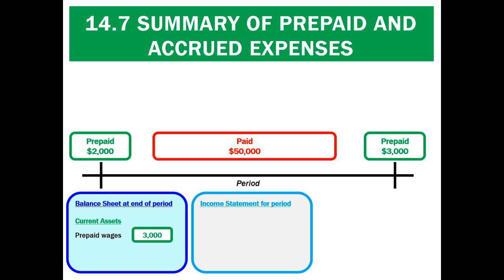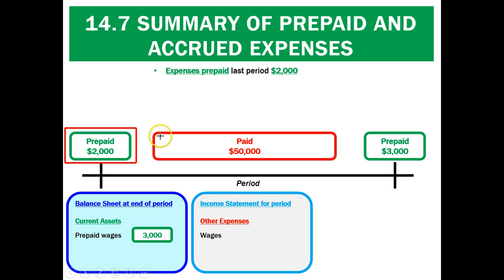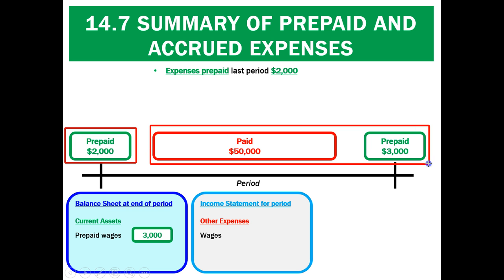The income statement, what we're looking for is the expense consumed this period. So under other expenses, last period we prepaid $2,000. So this has all been used up, so we know that's going to be part of the expense, at least $2,000. Now we also need to factor in, we did pay $50,000 this period, but $3,000 of that was actually for wages next period.